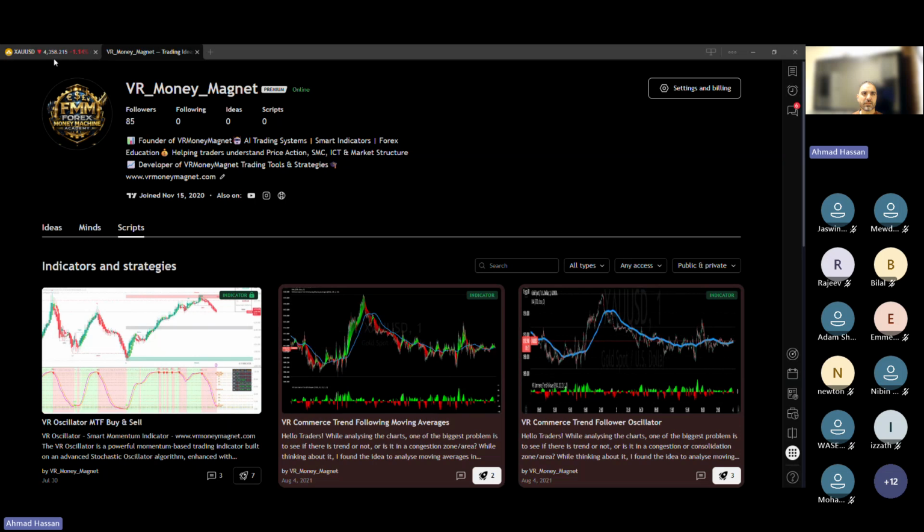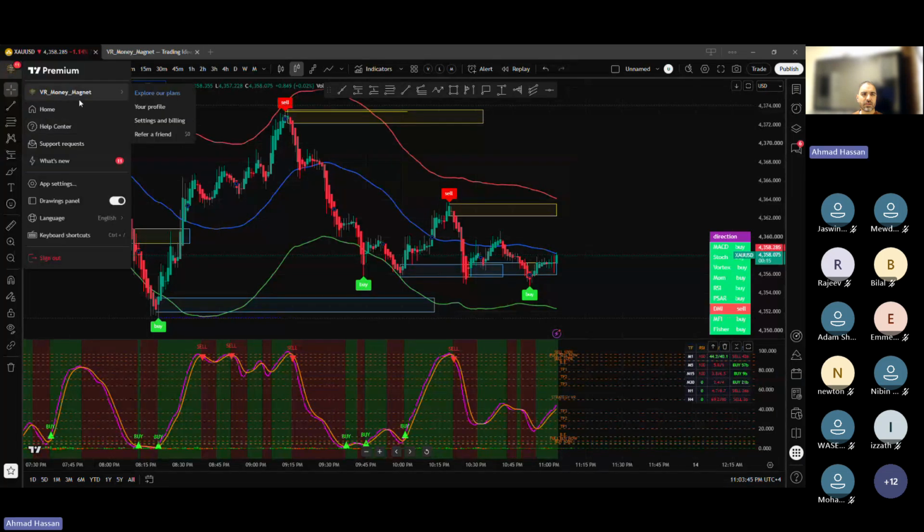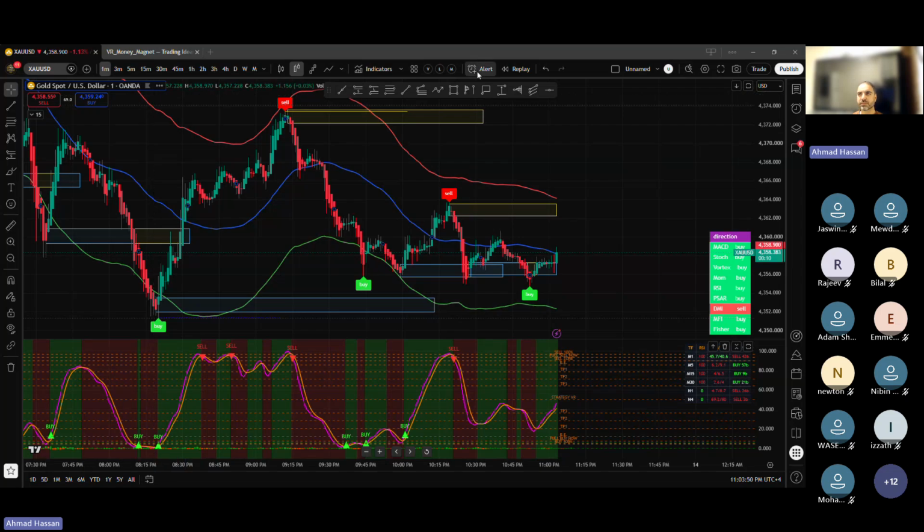I think the... Explore the plans, why is it not showing? One minute, I'll show it on the other side of TradingView. Yeah, one minute. For what do you want more than two?